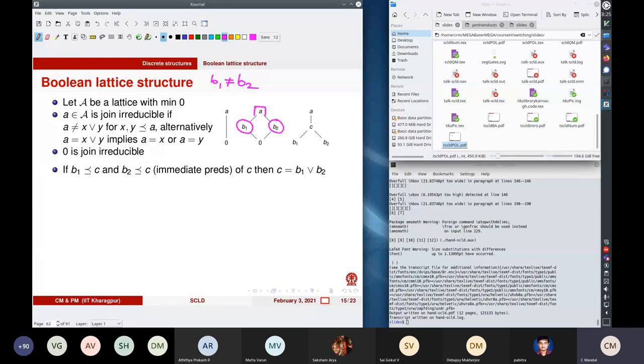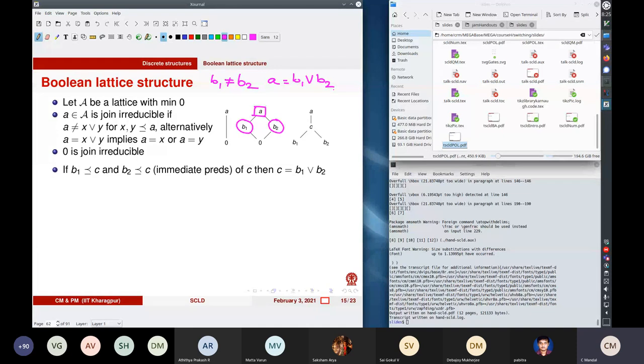A is the join of B1 and B2. So you can see that this is a non-trivial join because we are getting this element A by joining two distinct elements, B1 and B2. So this is a non-trivial join.